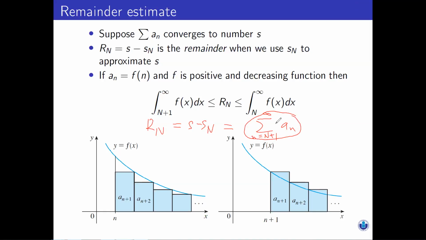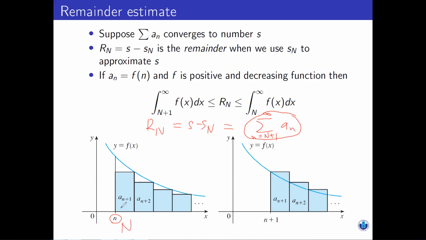Then if you use this expression, you can see easily why we have this inequality. Here we have n instead of capital N, but that's a minor point. So think of this as capital N. This sum you can think of as the area of all these rectangles.